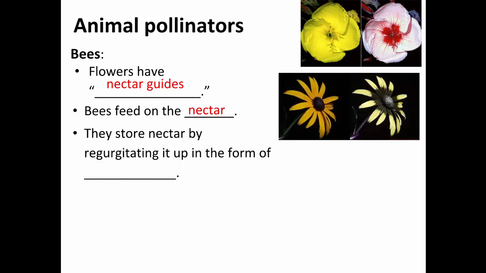They bring it back to their hive, and what do they do? They digest it partially, then they spit it up into another bee's mouth, which then swallows it and digests it further.